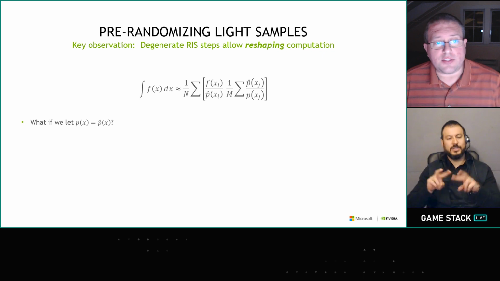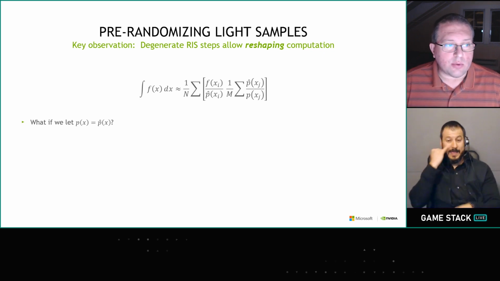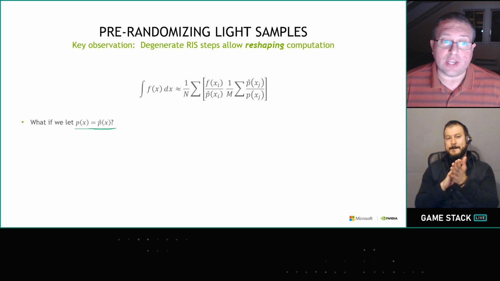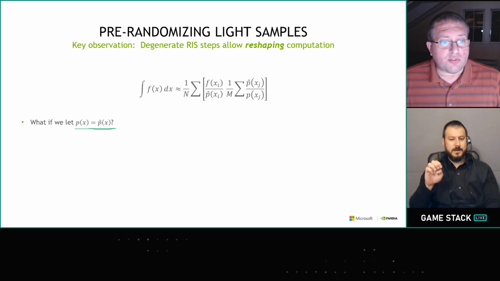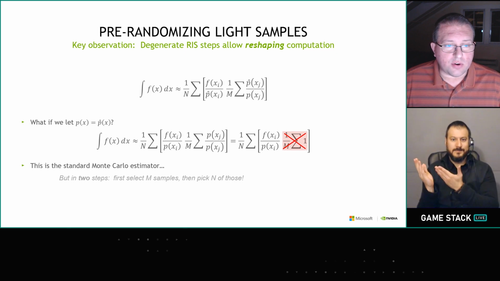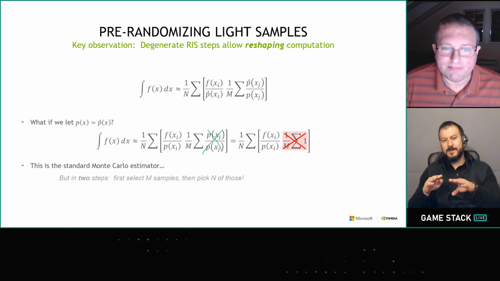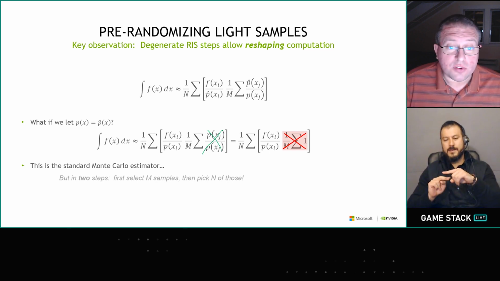If we go back to this RIS estimator here, what if we let p equal p-hat? What if we let this become degenerate? If we do that and write out the estimator, it turns into this thing here, and of course these cancel into a 1, and then a sum over m things divided by 1 over n, that m also cancels.